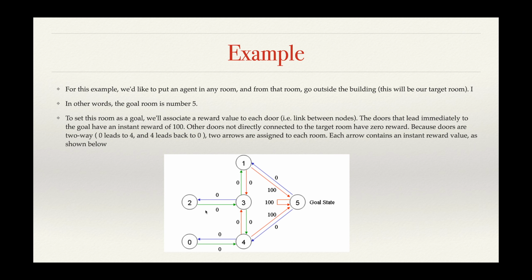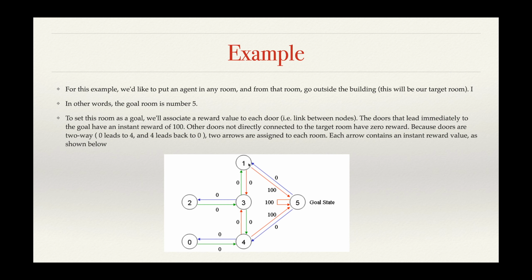And this is the suggested reward function for this game. As I said, the reward is designed by the one who is training the AI agent, so you could have different designs. But here the idea is that whenever we are moving between these rooms, we don't put any reward, so it's always 0.